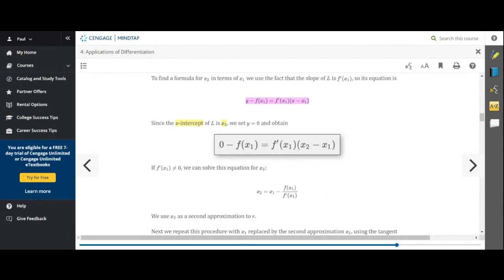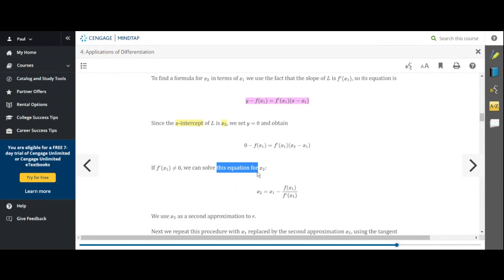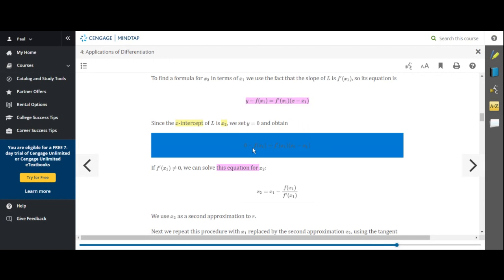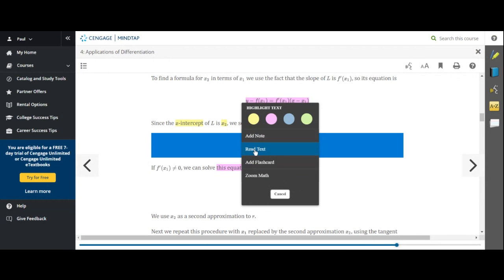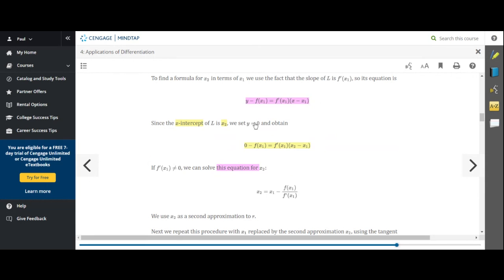When y equals 0, the value of x corresponds to the x-intercept for that tangent line. So they do that, and then they solve the equation for x2. Let me see, can I highlight it? Yeah, I can highlight it.